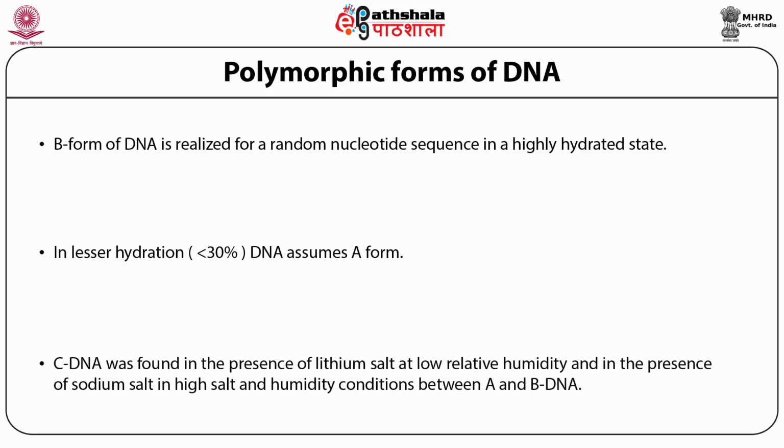The C form of DNA was found in lithium salt at low relative humidity and in the presence of sodium salt in high salt and humidity condition between A and B DNA.